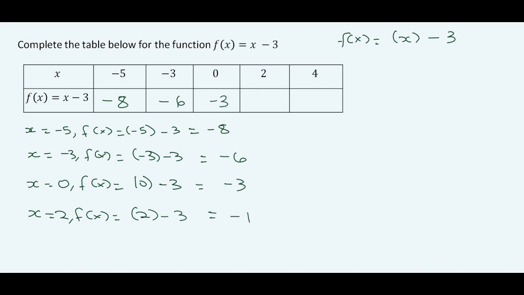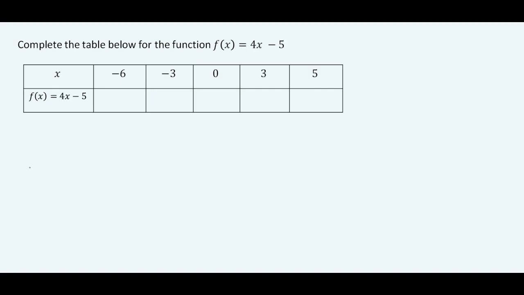So we have -3 here, we have -1 here, and then x equal to 4. F of x equal to 4 minus 3, which is equal to 1. So this is 1. So now we have to rewrite the function.